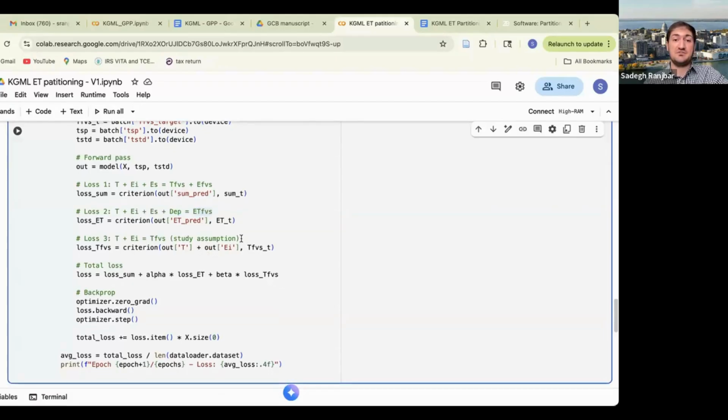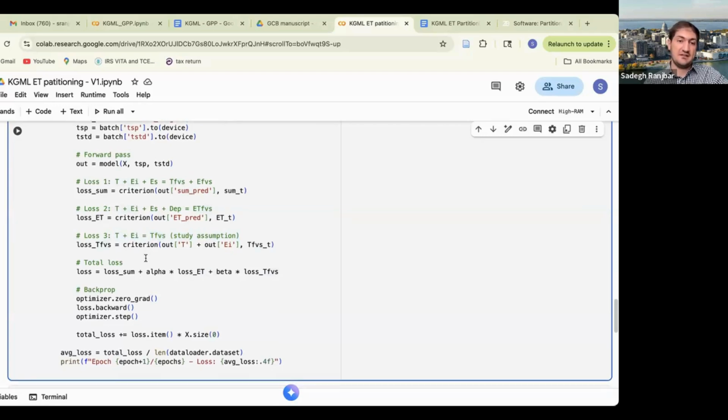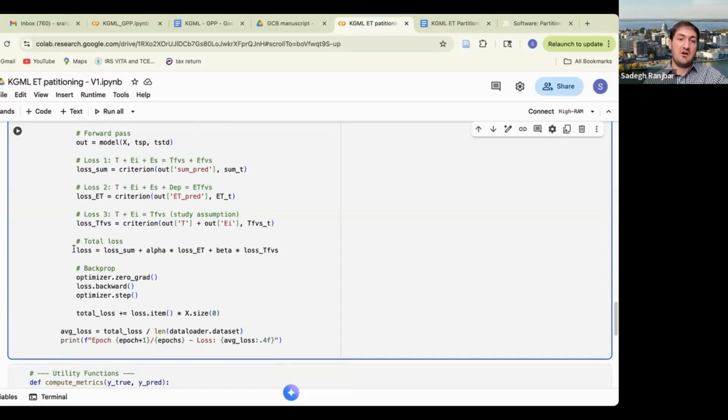Another assumption in our study is also here: another loss where we consider T plus EI is equal to TFVS. And we compute the total loss here, which is the summation of these three losses.